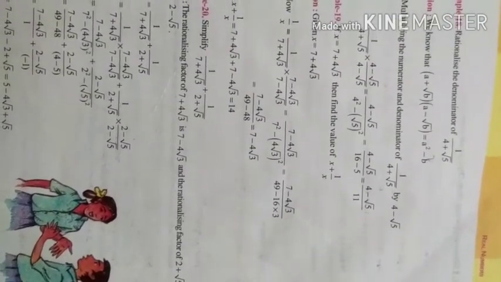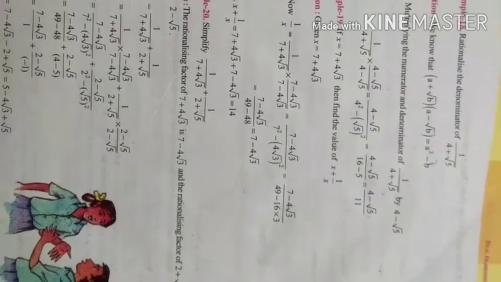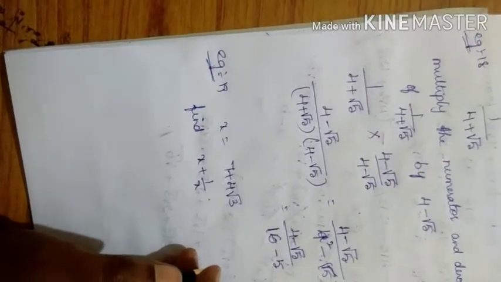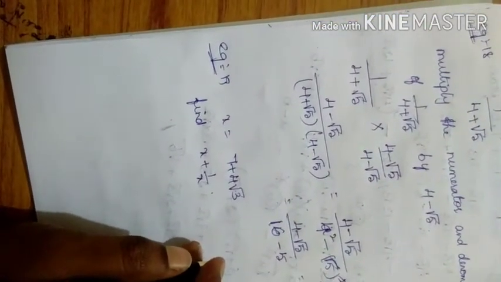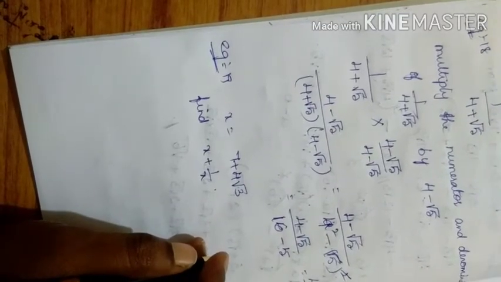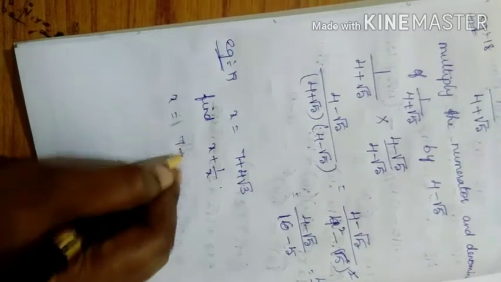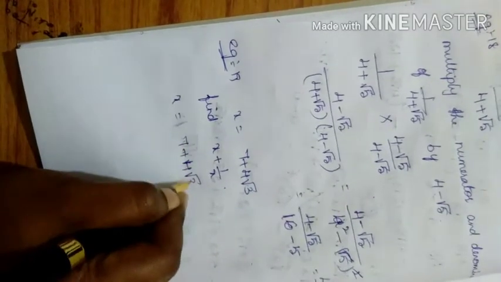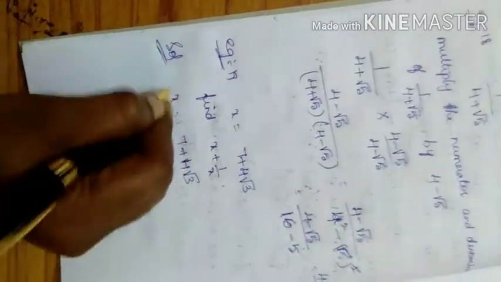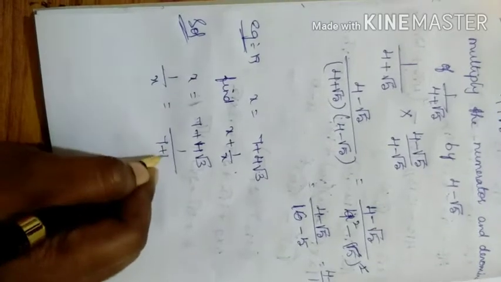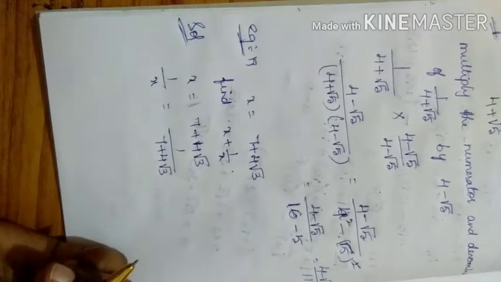Find x plus 1 by x. Given x equal to 7 plus 4 root 3, and 1 by x is nothing but 1 by 7 plus 4 root 3. Yes or no?